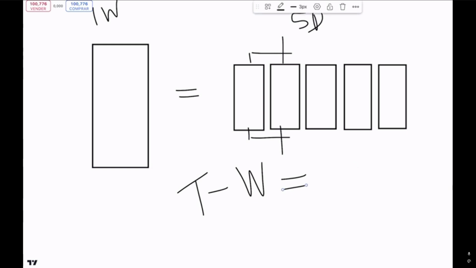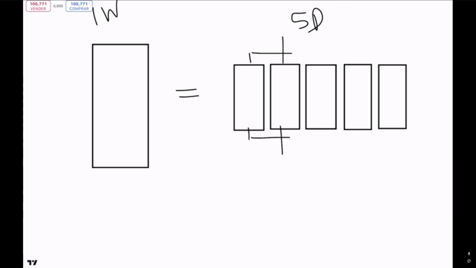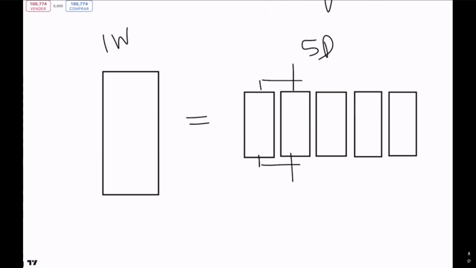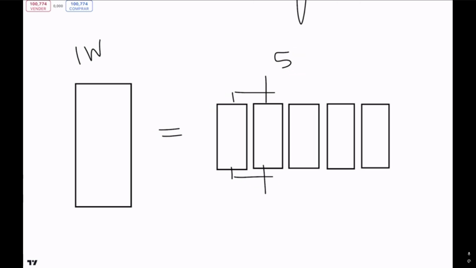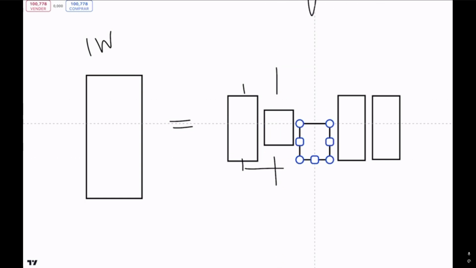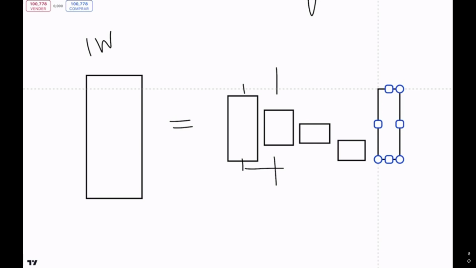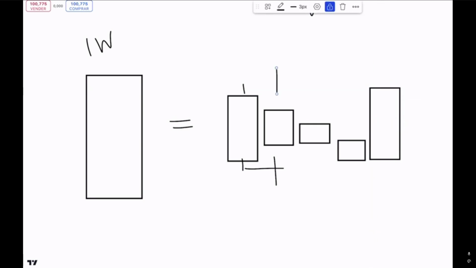Now the daily candle is divided into 6 4-hour candles, right? The beauty of this is I don't even have to change much because of the fractal nature of price. Right, so the same exact drawing.